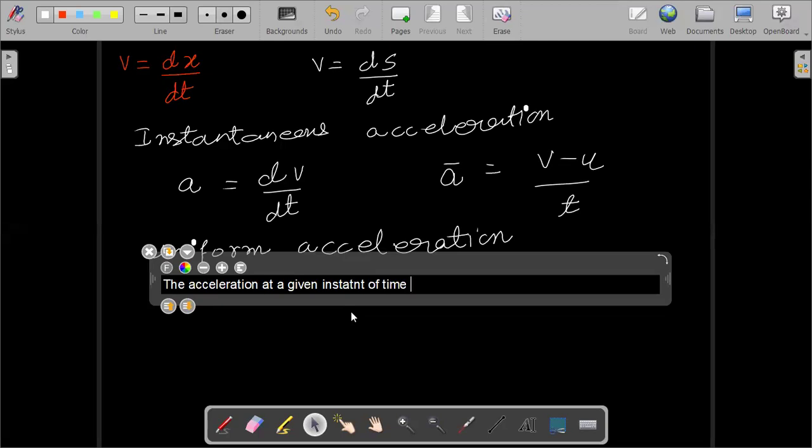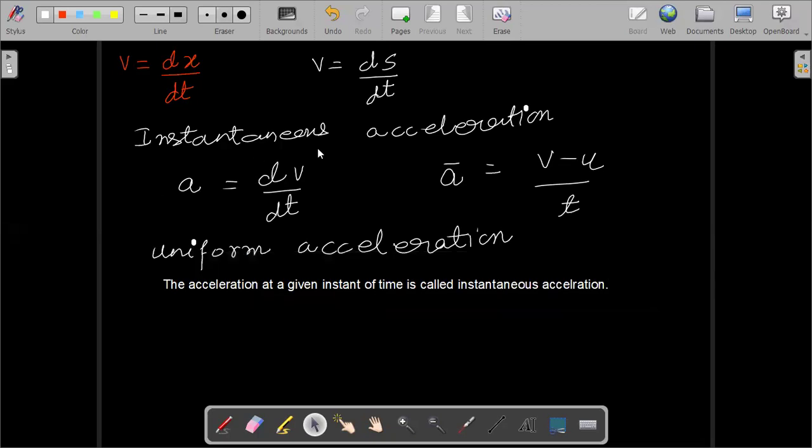The acceleration at a given instant of time is called instantaneous acceleration. The acceleration of an object at a particular time, that we call the instantaneous acceleration. Then we have the average acceleration: the acceleration for the entire journey. So we observe here the case of gravity, and then we will obtain the equations of motion.